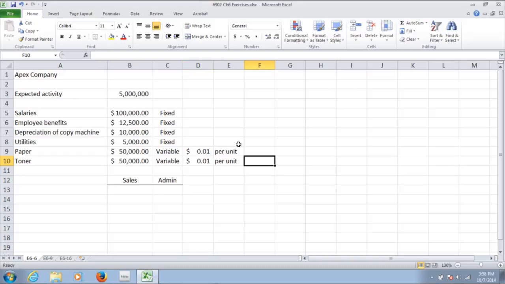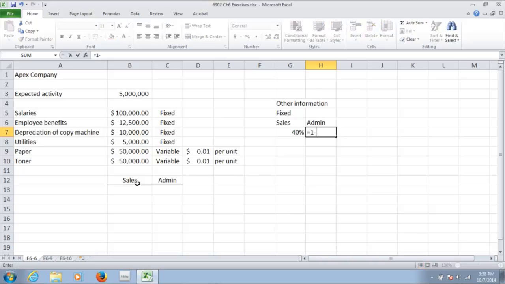So now some other information. The fixed costs are assigned to sales on the basis of 40%, and to admin the rest, or 1 minus 40% or 60%.